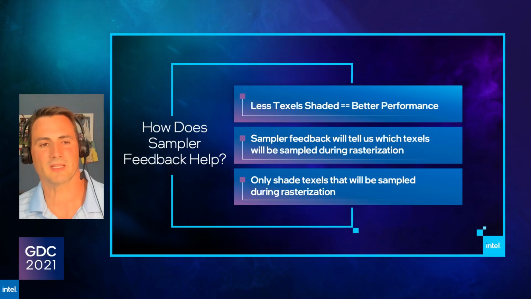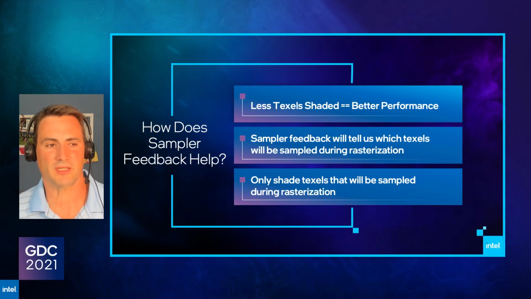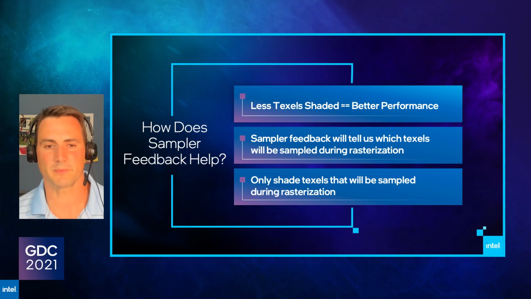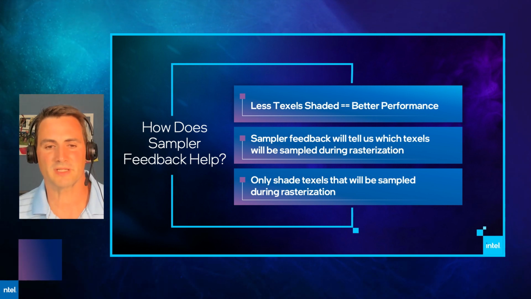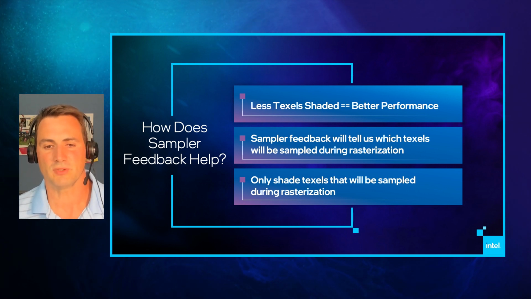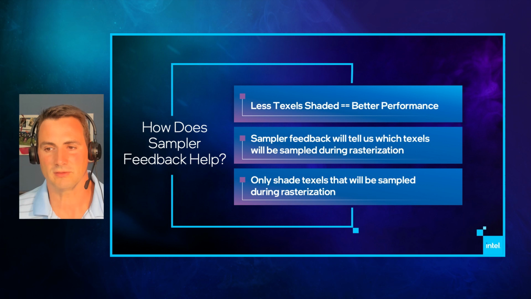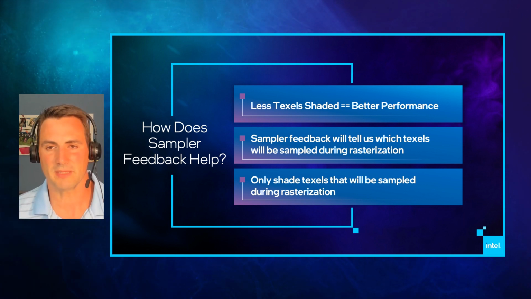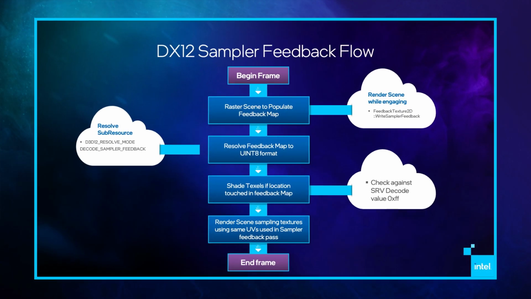So how does sampler feedback help us? Well, for texture space shading, fewer texels shaded equals better performance. Sampler feedback will tell us, within a certain amount of accuracy, which texels will need to be sampled during rasterization. With this information, we only need to shade the texels that will be sampled during rasterization. The typical flow for sampler feedback would be: begin the frame, populate your feedback map, engaging the feedback texture 2D write sampler feedback API.